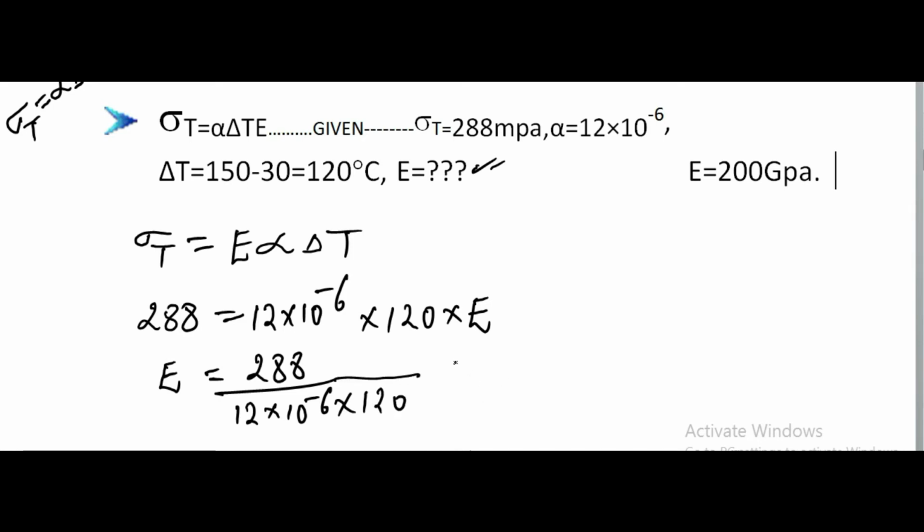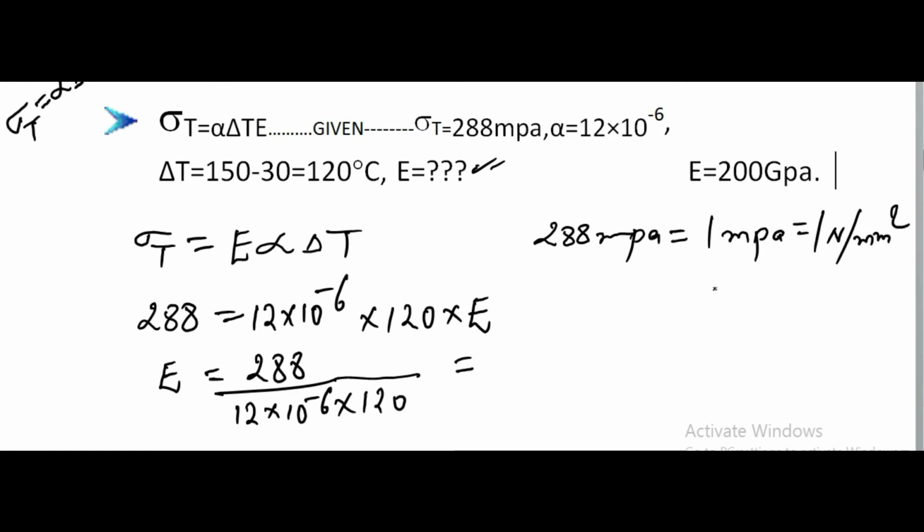Okay, in gigapascal. So friends, before calculating this equation, we have to check all units. 288 megapascal means what? 1 megapascal is equal to 1 Newton per millimeter square.